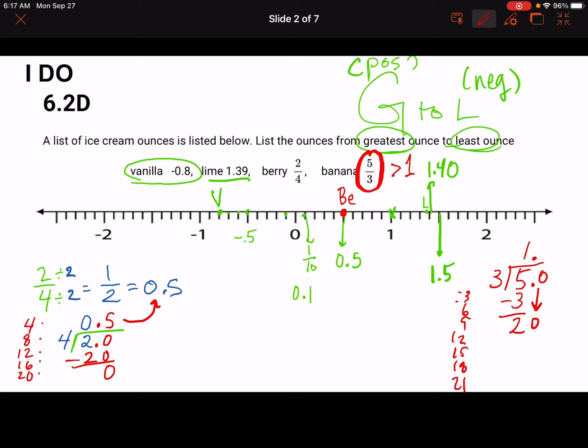We've got 1, 2, 3, 4, 5, 6. Bring down another 0. We got 20 again, 6. It goes in there 6 times, and we see that it is repeating. So we know it's going to be a little over 1.5 and a little over 1.6, but less than 1.7.